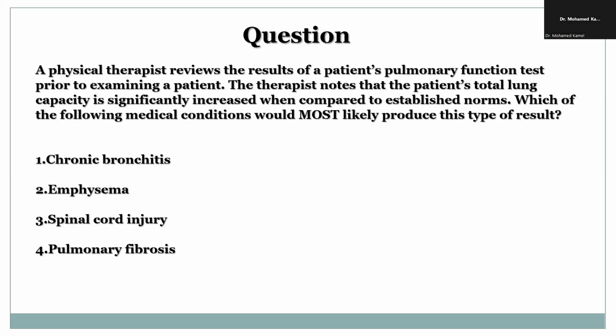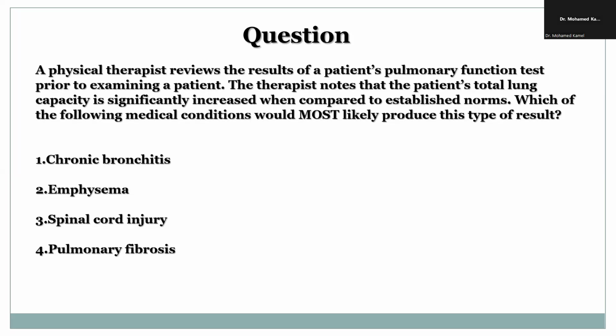Pulmonary function tests will mainly show a decrease in forced expiratory volume in 1 second, to be less than 65%, when it should be more than 70%. So here it is less than 65% of the predicted value. Total lung capacity is not increased in true chronic bronchitis.